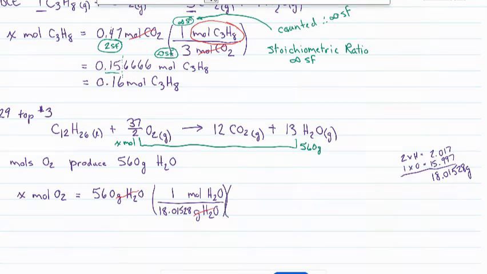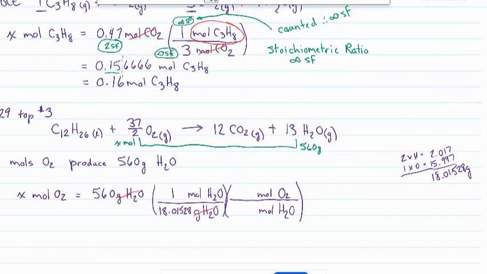So we know that we need to divide by moles of H2O, oh, sorry, guys. We need to divide by our moles of H2O, and we need to have moles of oxygen on the top. That makes much better sense.